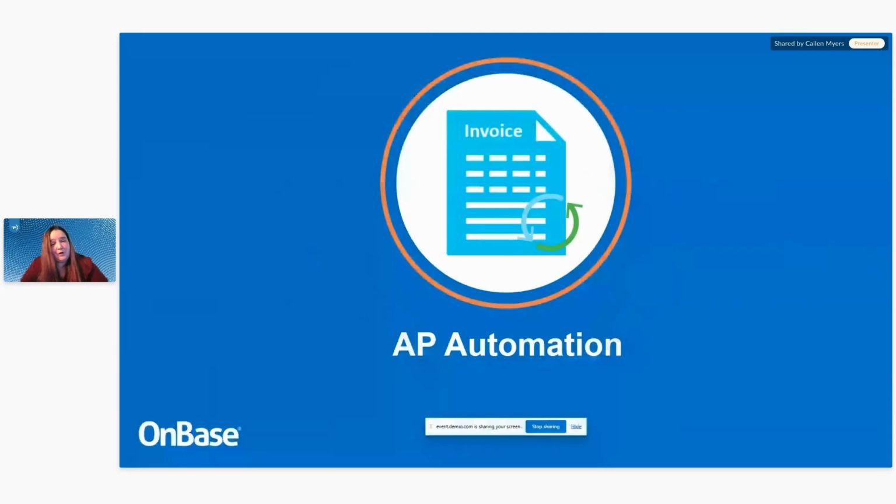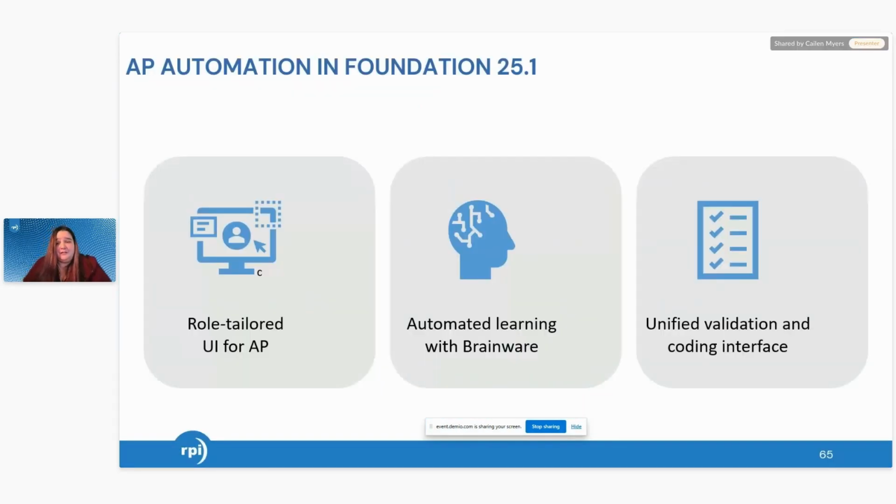For those of you who are unfamiliar, this solution integrates with your ERP to capture and validate invoices, manage exceptions, and maintain a tight integration for data exchange and document retrieval. There are 3 primary enhancements with 25.1.